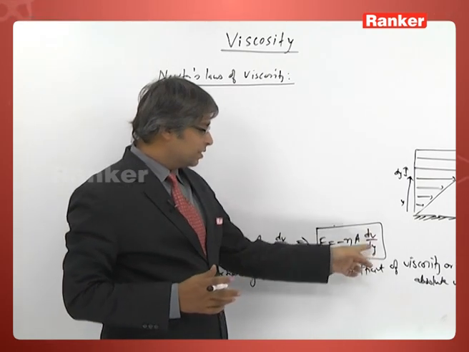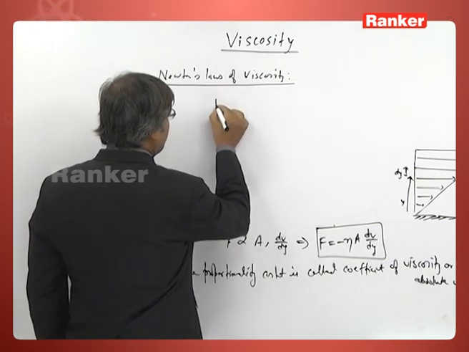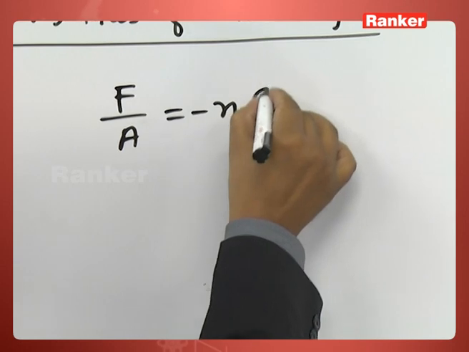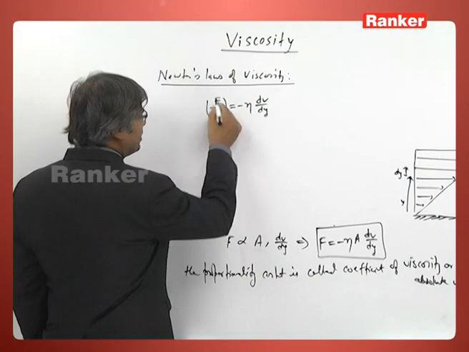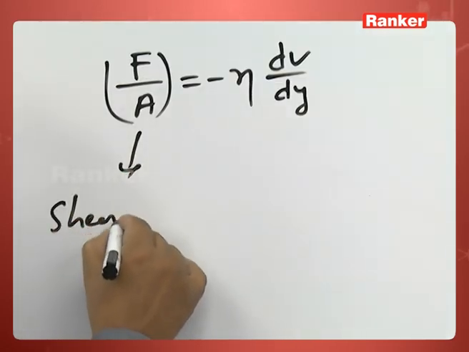This is Newton's law of viscosity. We can further write in a different format, that F by A is equal to minus eta dV by dy. This is the shearing stress.